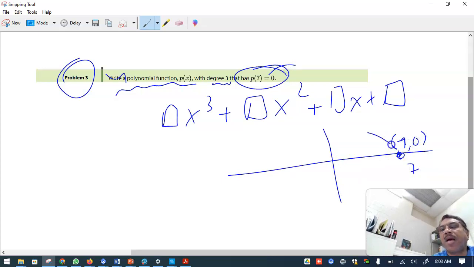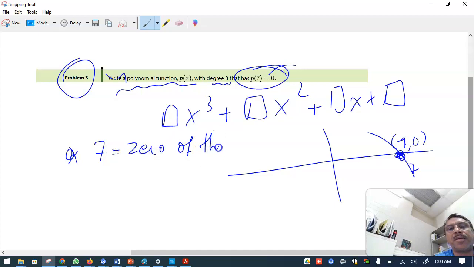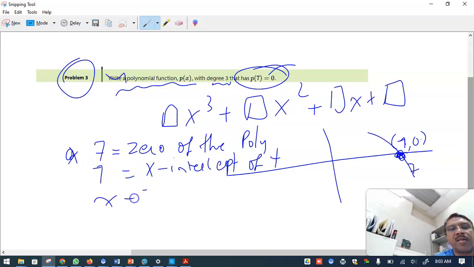That means the graph crosses the x-axis at 7. That means 7 is a 0 of the polynomial. I also call 7 the x-intercept of the graph, and x minus 7 becomes a factor of the polynomial.